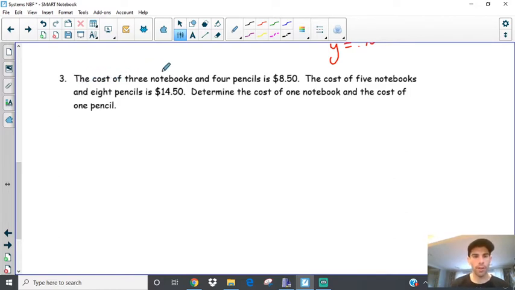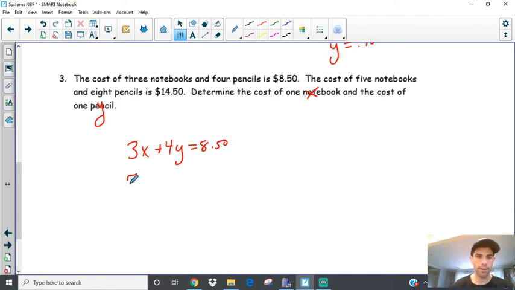So the cost of 3 notebooks and 4 pencils is $8.50, and the cost of 5 notebooks and 8 pencils is $14.50. Determine the cost of 1 notebook and the cost of 1 pencil. So the first sentence tells me that 3 notebooks and 4 pencils is $8.50.